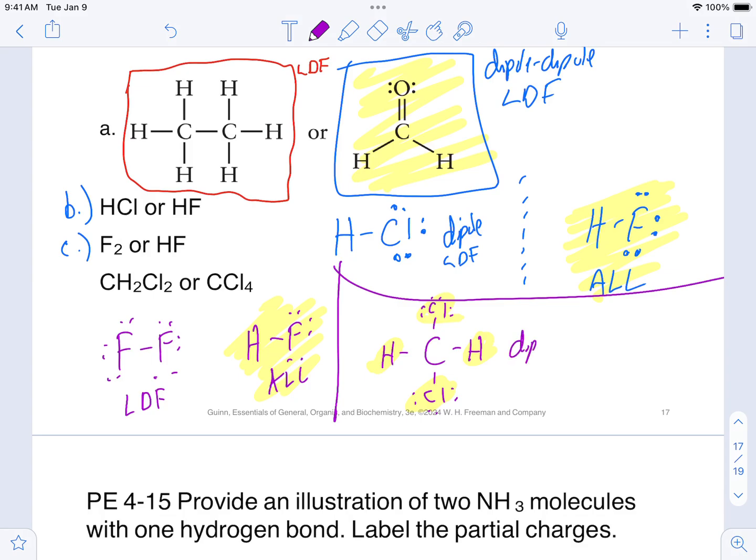So that has dipole forces. It does not have hydrogen bonding. And then CCl4, 6 dots on all the Cl's. There is symmetry there, which means it's nonpolar. This just has LDF. So the stronger one would be our CH2Cl2.